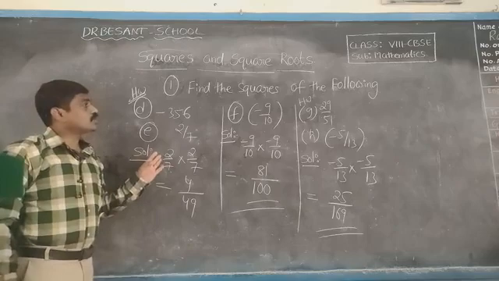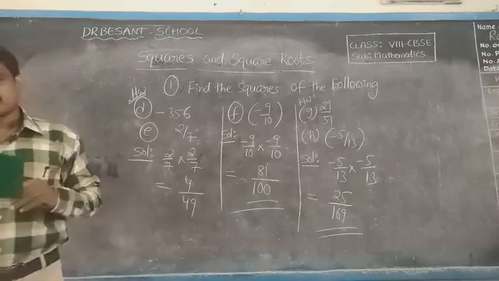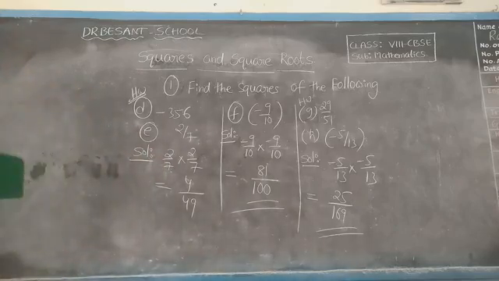Understood or not? So this is the first Roman solutions. Okay, now the second Roman: which of the following numbers are perfect squares?